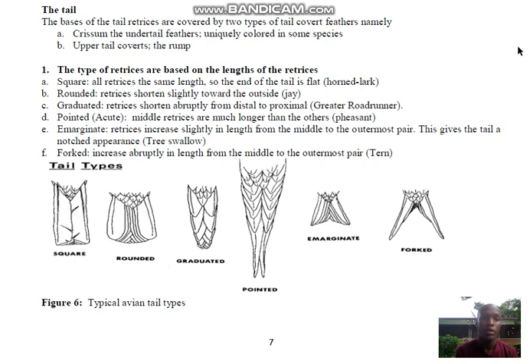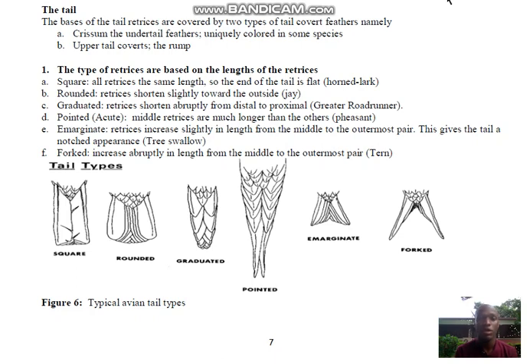There are some types of rectrices based on the length of the rectrices. These types are the square, the rounded, the graduated, pointed, emergent, and the forked. Starting with the square tail, all the rectrices have the same length, so the end of the tail is just flattened.